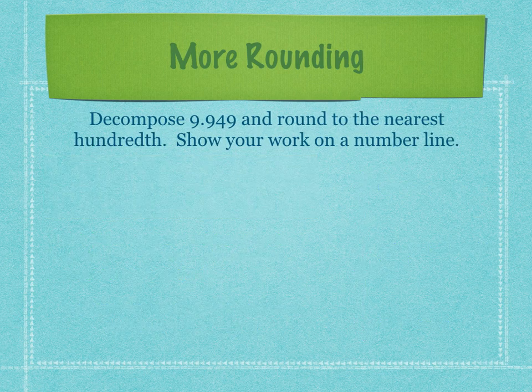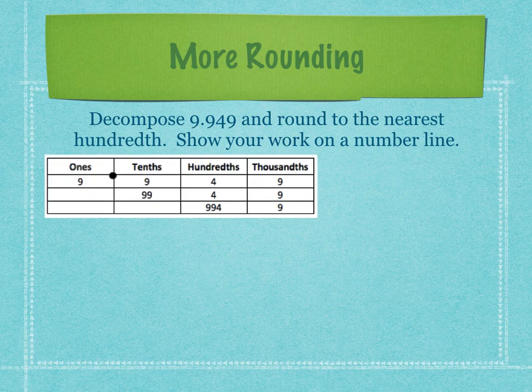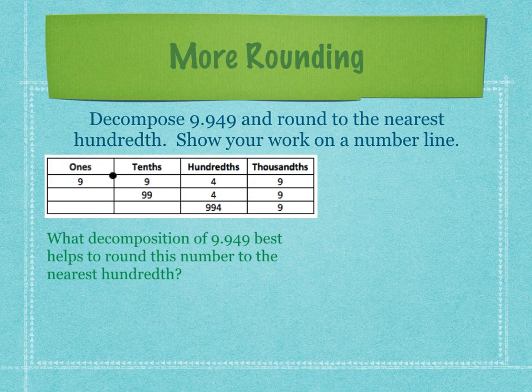So now we're going to look at decomposing 9 and 949 thousandths and rounding it to the nearest hundredth. And then we will also show our work on a number line. So if we decompose it, it'll look exactly the same, but this time the decomposition of 9.949 that best helps to round this number to the nearest hundredth would be 994 hundredths.